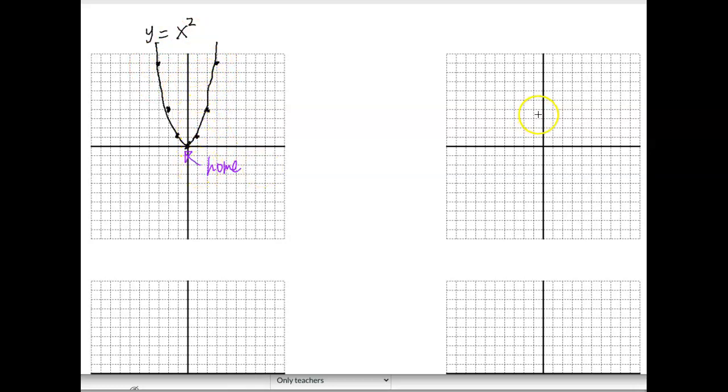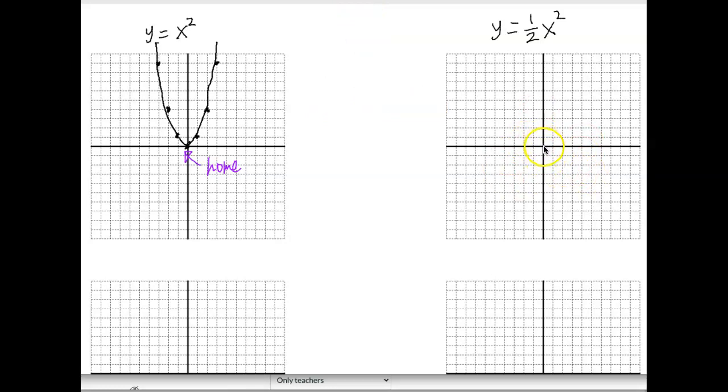And so what's happening is, if we have a function like y equals 1/2 x squared, I'm playing the game, right? I'm using the fact that I'm manipulating this, but now I need to adjust it with that 1/2.